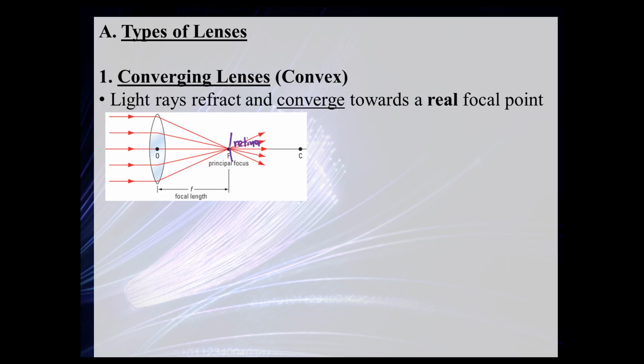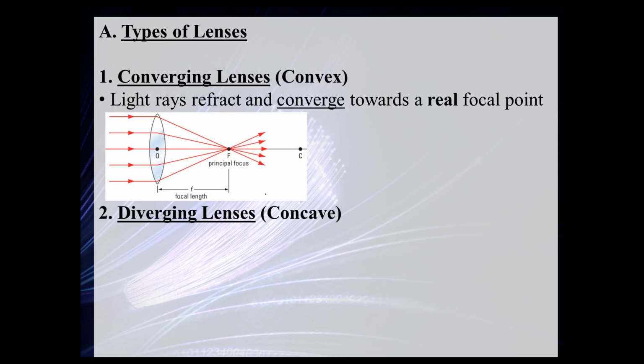If it's not perfectly focused on your retina, then you can wear glasses that perform some kind of correction so that you can get all the rays of light focused on the retina. But that's one example. Your eyeball does have a convex lens, and it does cause rays of light to converge towards a real focal point. The screen would be the retina, which is taking those light rays and sending some kind of transmission to your brain through the optic nerve in terms of how to perceive the image.